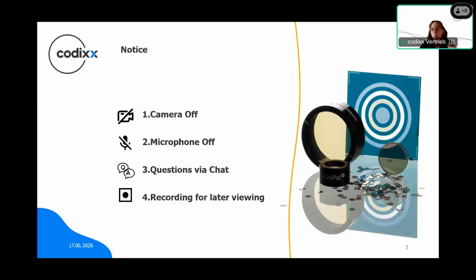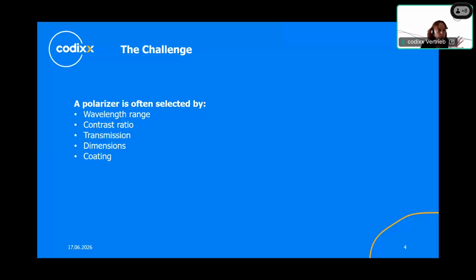All right, let's dive into the main topic today. So the challenge. A polarizer is often selected by the wavelength range, contrast ratio, transmission, different dimensions which are available, or coating, which is a good way to start. But a polarizer is usually not an isolated component.